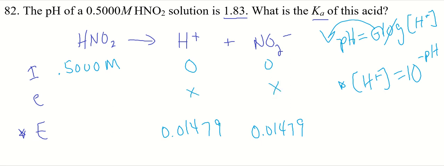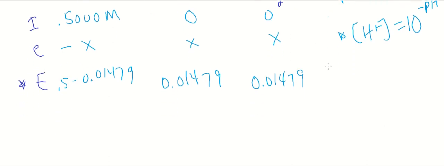And that same amount is also coming from the reactants. So the nitrous acid at equilibrium is going to be 0.5 minus 0.01479. So now we can plug this into our equilibrium expression, which is how we find Ka.